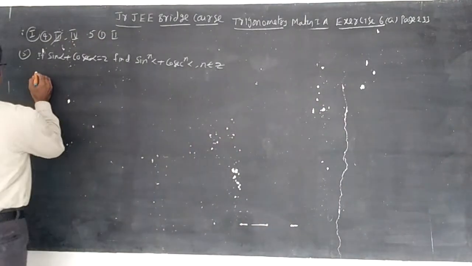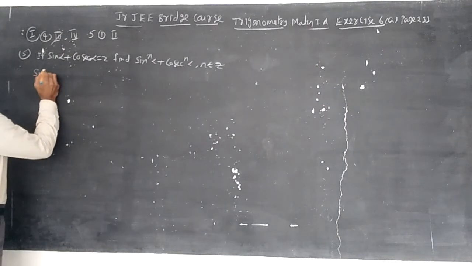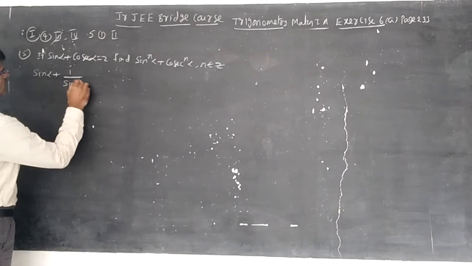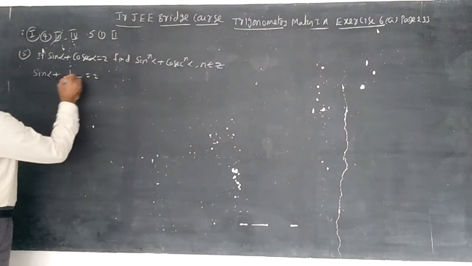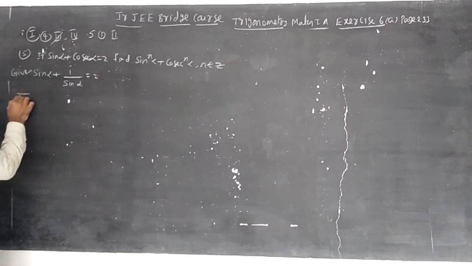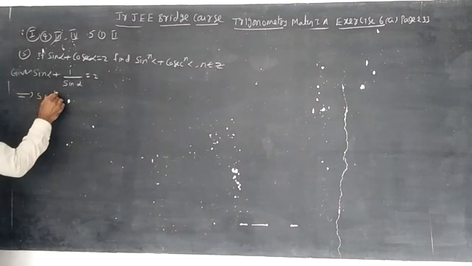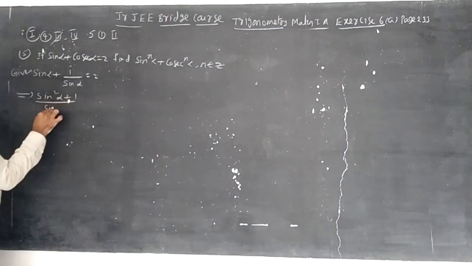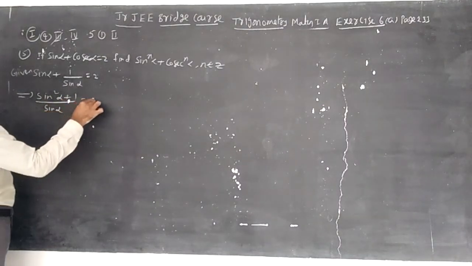Now for the descriptive answer, you should do it like this. Sin alpha plus, instead of cosec alpha, you can write the reciprocal, 1 by sin alpha. Given sin alpha plus 1 by sin alpha, take an LCM: sin square alpha plus 1 whole by sin alpha is equal to 2.